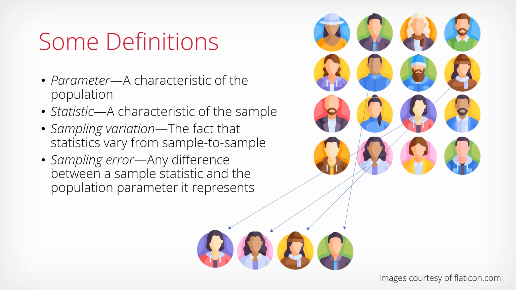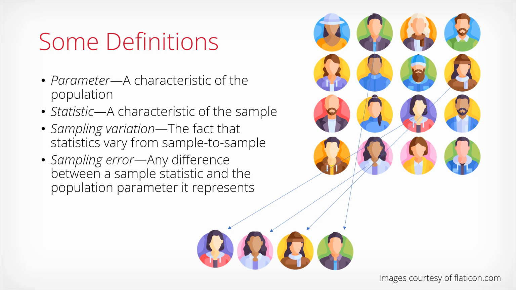Here are a few basic definitions. A population parameter is any characteristic of the population. A sample statistic is the corresponding characteristic in a sample. So we're hoping that by calculating sample statistics, this will help us generalize to population parameters.